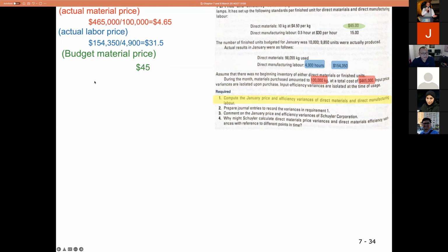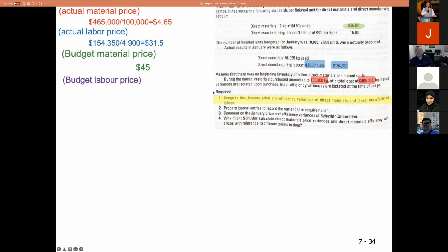What's the budget labor price? So in the exam, you have to be able to analyze this information by yourself, right? Just read through the information and know what this information is about. Sorry, I interrupted someone. What's the budget labor price? $30 per hour.